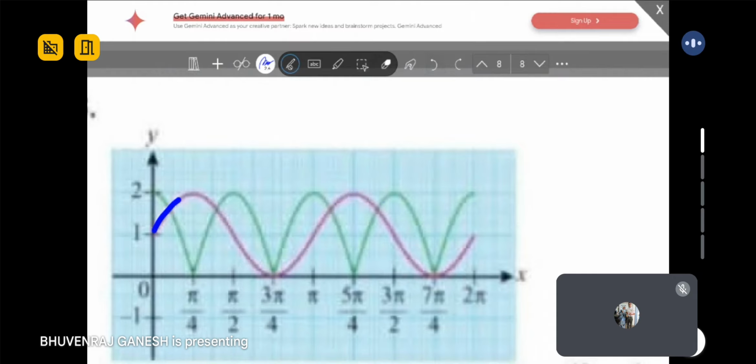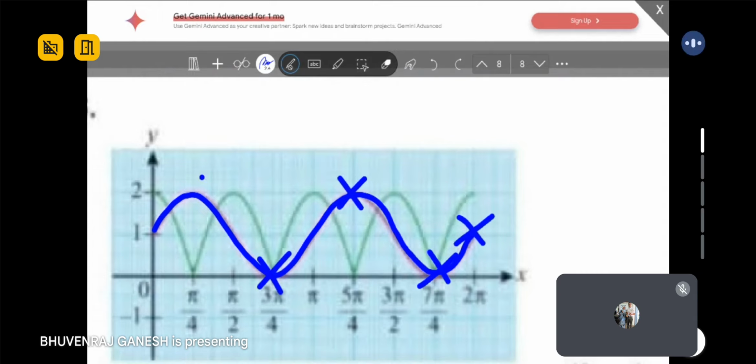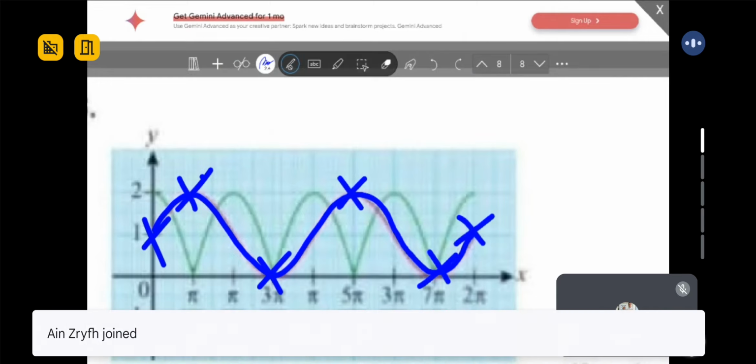Okay, so you can plot this point, this one, and this one, and this one. Okay, so guys, untuk graf yang pertama, kamu boleh plot 6 titik, 6 point in total. Dari jadual lah, from your table of value, kamu plot 6 titik. Okay, alright.